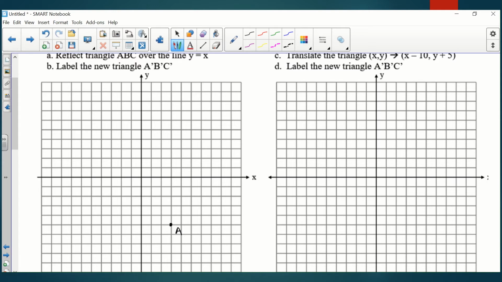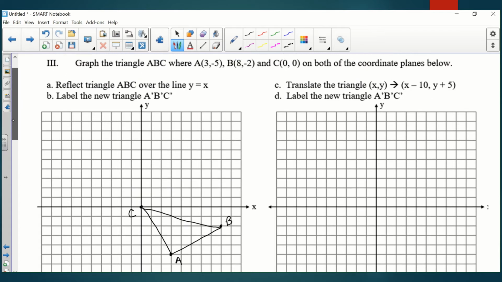Here's A. B is at 8, -2. That's B. And C is at 0, 0, right at the origin. So here's our triangle. All right, again, hopefully your lines are a little straighter than mine here.